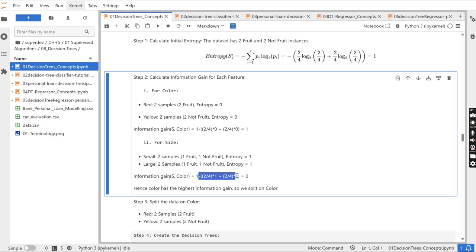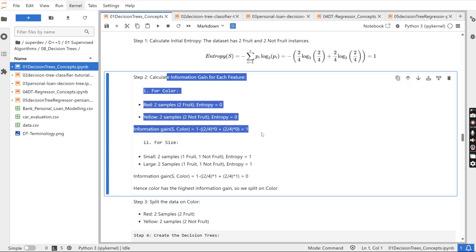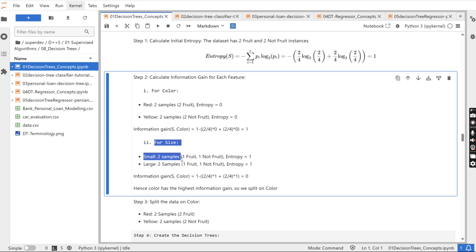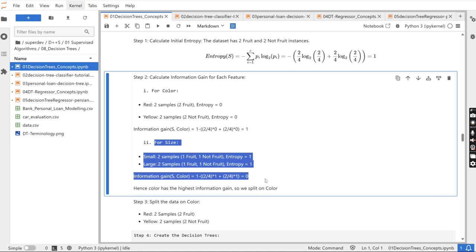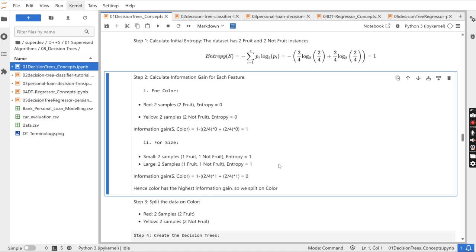You can calculate it separately like this too: 1 minus the entropy we calculated, and entropy itself gives us 1, so 1 minus 1 is 0. Clearly, if you use color as the feature for splitting, the information gain is 1, the highest. If you use size, the information gain is 0 and entropy is 1.